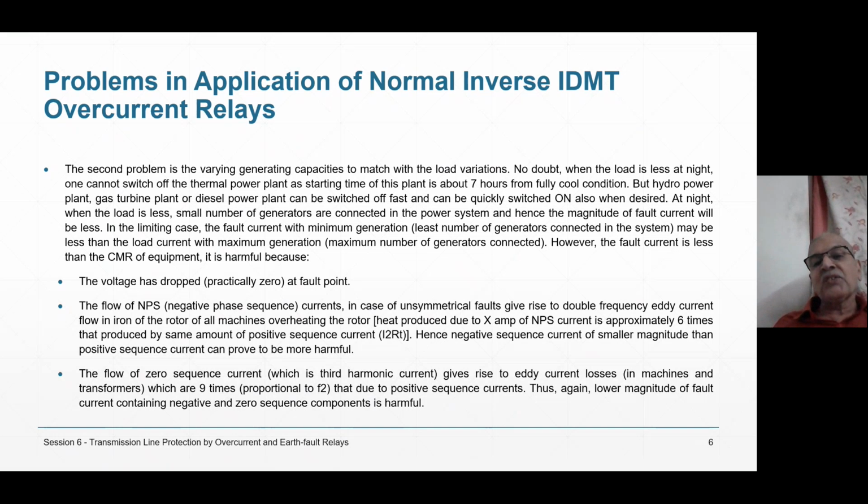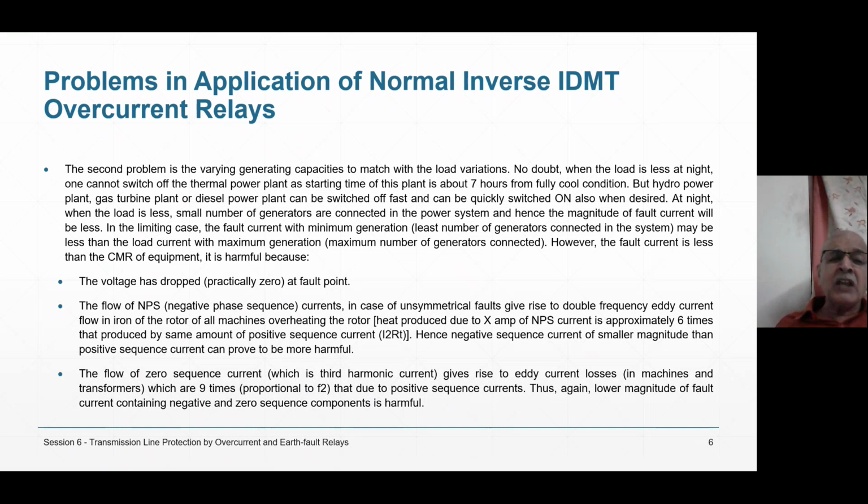So when this occurs, you cannot set a simple overcurrent relay, because if you set for fault current, then the line will trip for normal current at daytime. And if you set for load current, then it will not trip for a fault at night.